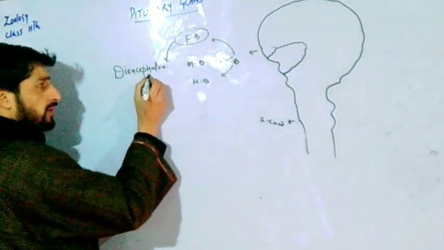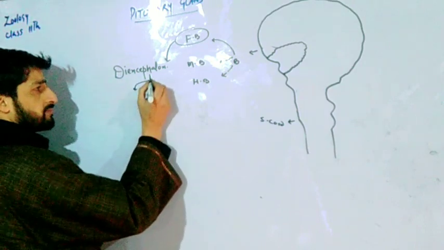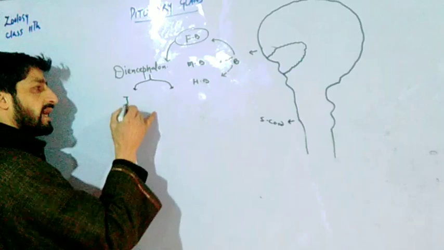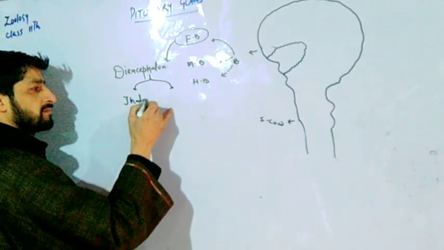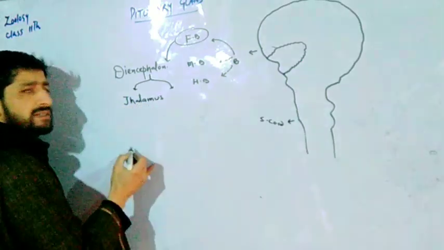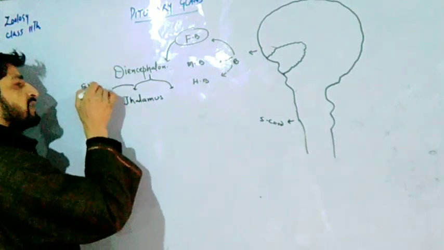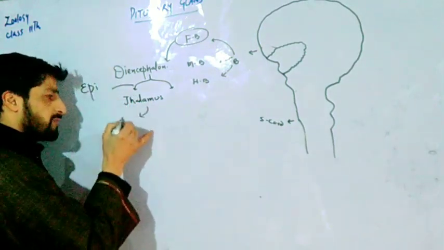Actually, the diencephalon is composed of three parts. One part is known as thalamus. Second part is known as epithalamus. And the third part is known as hypothalamus.